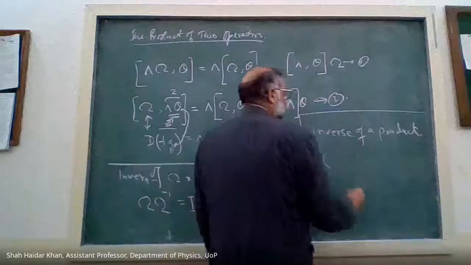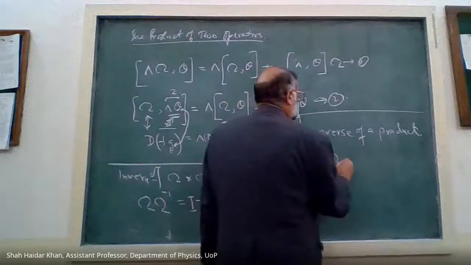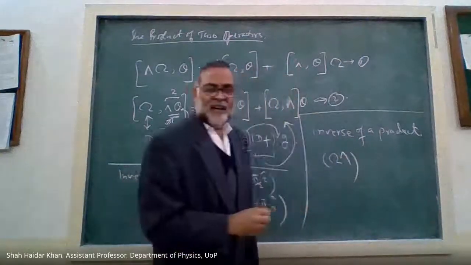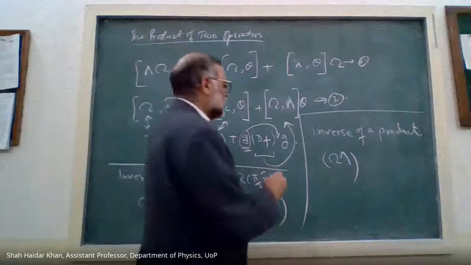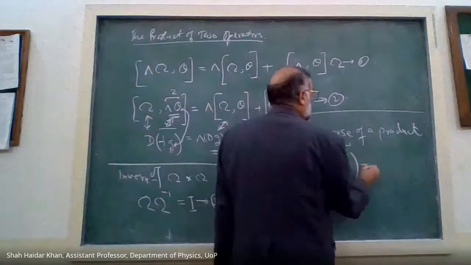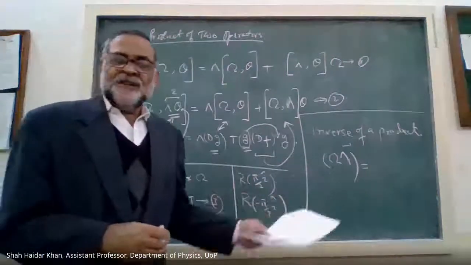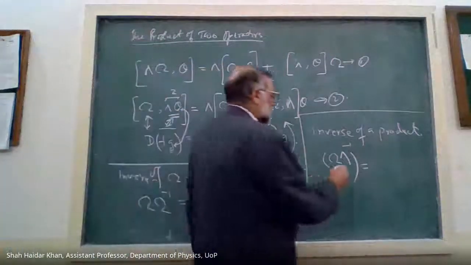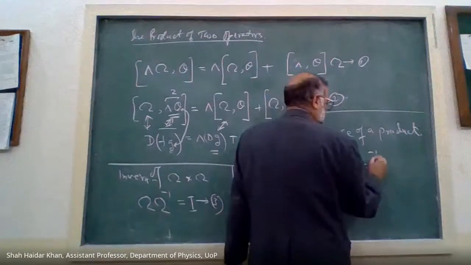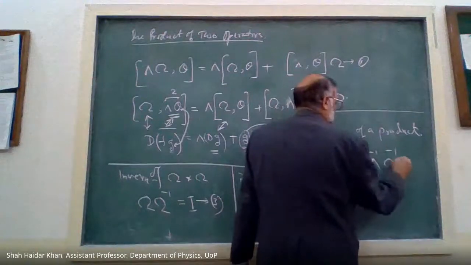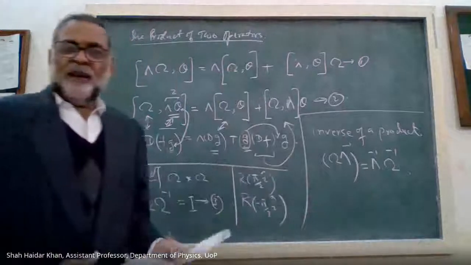So if we have a product of two operators, omega and lambda, and we want to take the inverse of it, we have to take the inverse and change the order. So it will be lambda inverse and omega inverse. Change the order, take the inverse separately.